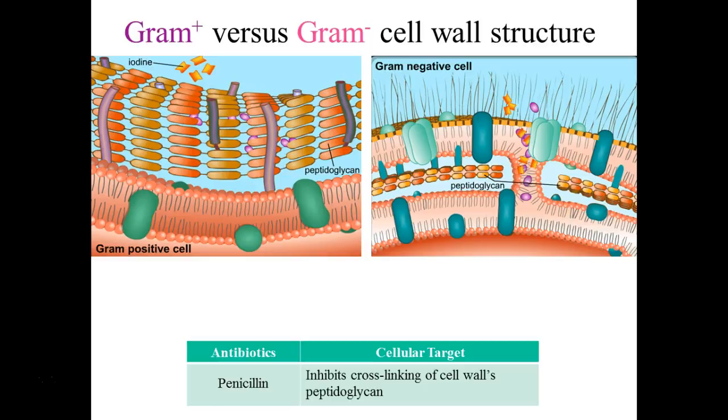Where do the antibiotics have to go? Inside, right? What do they have to go through to get inside a gram-negative cell? What layers? Outer membrane, cell wall, membrane. Gram-positives, cell wall, just membrane. This is an extra layer, right?